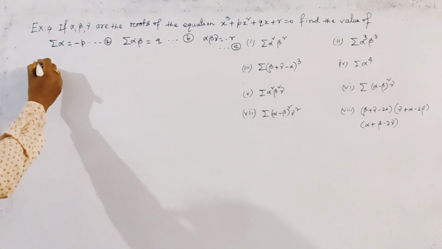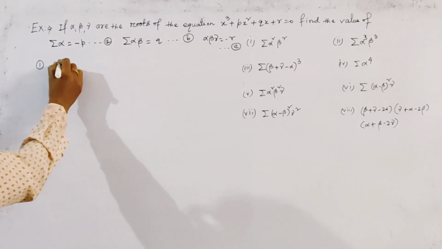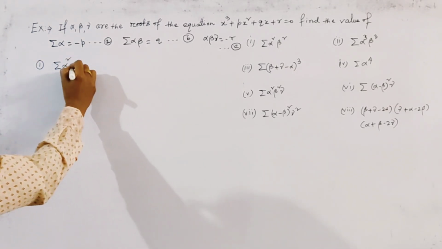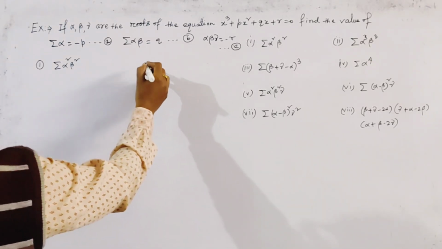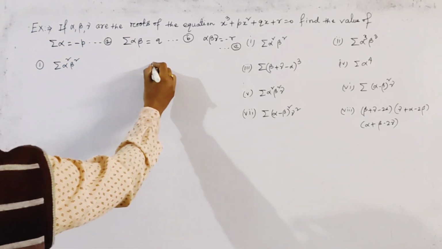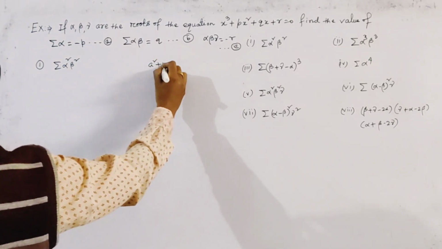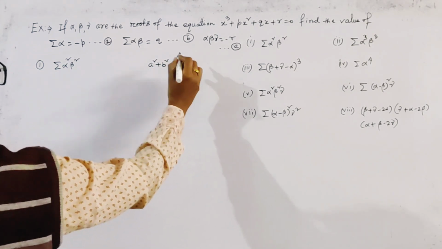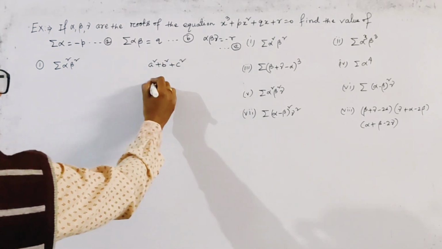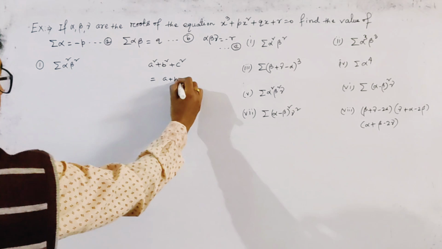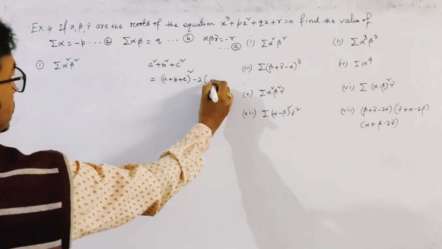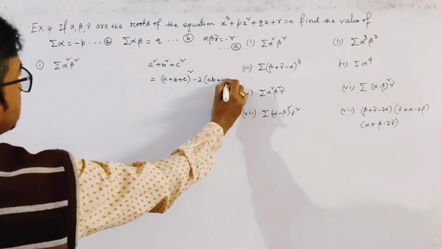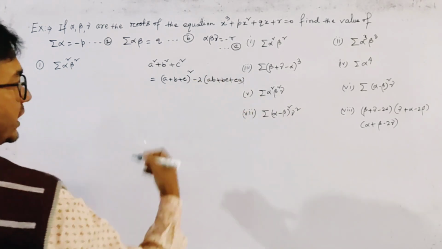Now the first relation we have to find is summation alpha square beta square. If we write the formula of a square plus b square plus c square, this is clearly a plus b plus c whole square minus 2 into ab plus bc plus ca.